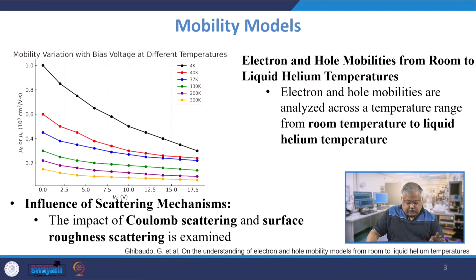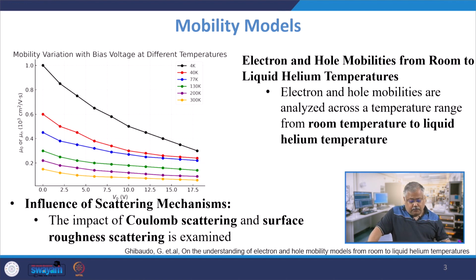So first of all we are looking into the scattering mechanism. We are also looking into electron mobility and hole mobility separately, and we are shifting from room temperature to liquid helium temperature, going through 77 K and 50 K and so on, and up to liquid helium means up to 4 Kelvin. On the y axis is the normalized mobility, and on the x axis I apply the electric field.